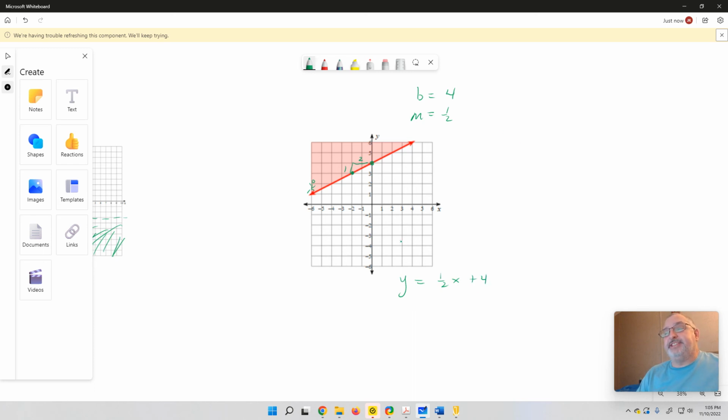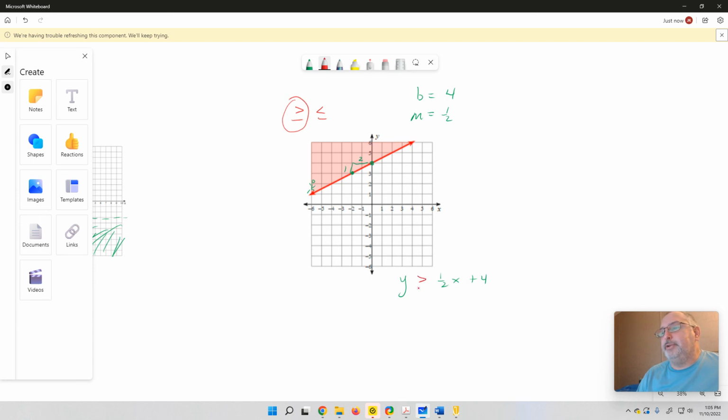But now I need to determine an inequality symbol instead of an equal sign. So here's how we do that. I'm going to take that off. I know that it's either going to be this symbol or this symbol because that's a solid line. And because it's shaded above, I'm thinking it's going to be this one because that's greater than.